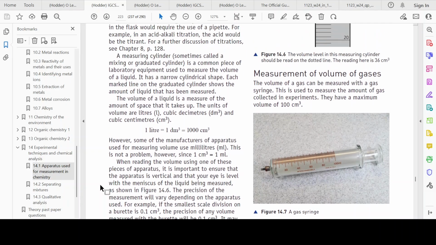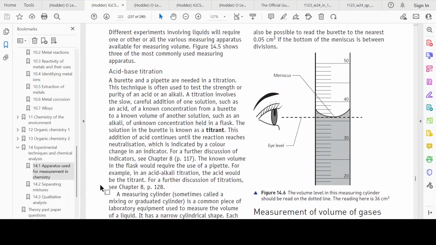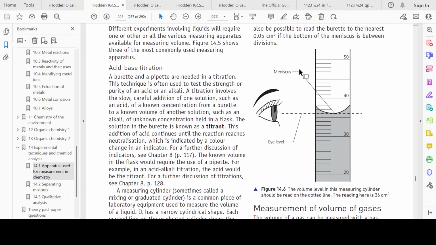It may also be possible to read the burette to the nearest 0.05 centimeter cube, just like we did with the thermometer, if the bottom meniscus is between divisions. So here is an example.